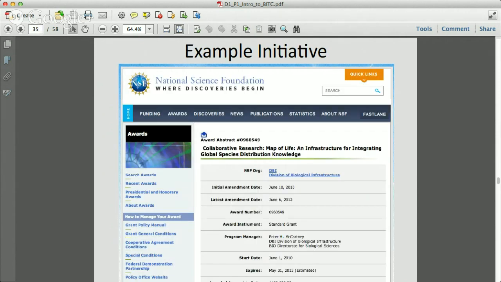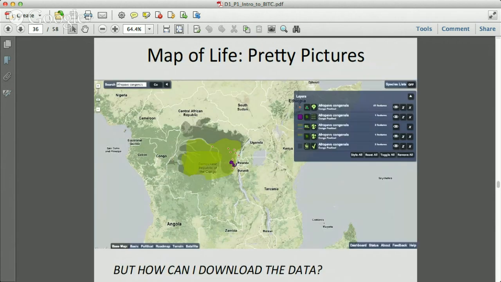I'll give you an example, and this is not intended to offend or criticize. This is just an example. Here's an NSF-funded project called Map of Life. And you can go to the Map of Life website and you can look at some really neat data.